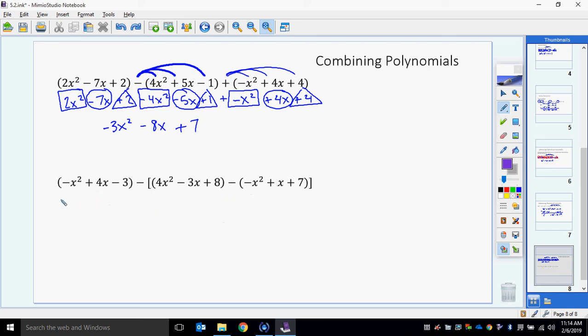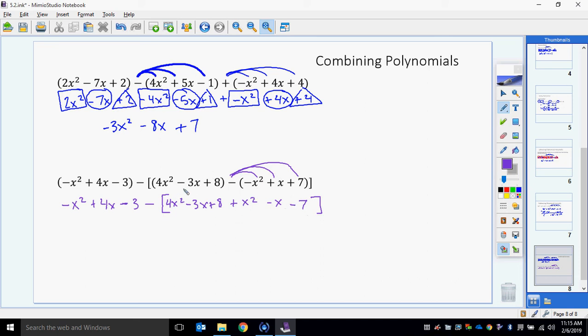All right, so let's just go ahead and drop this guy down for now. We're not dealing with him yet. And let's go ahead and work in our brackets. And take our 4x squared minus 3x plus 8 and go ahead and distribute our negative. So it's going to change all of these signs, so positive x squared, negative x, and negative 7.